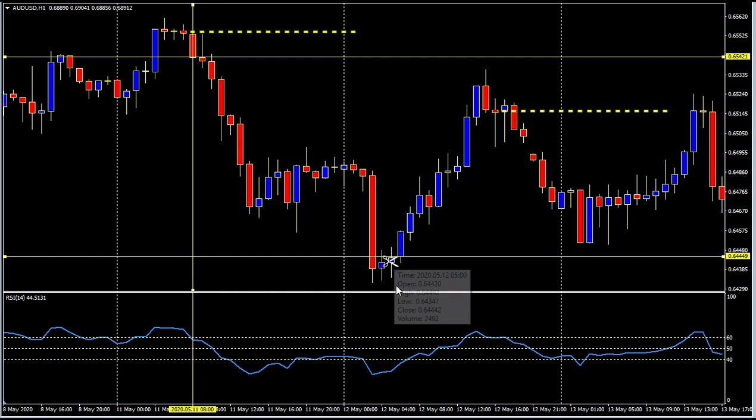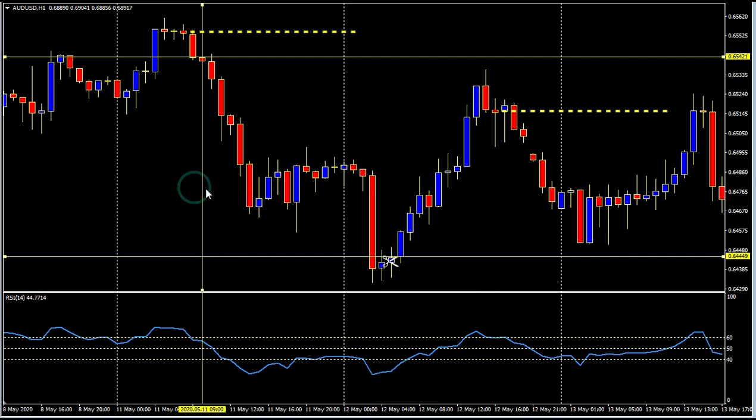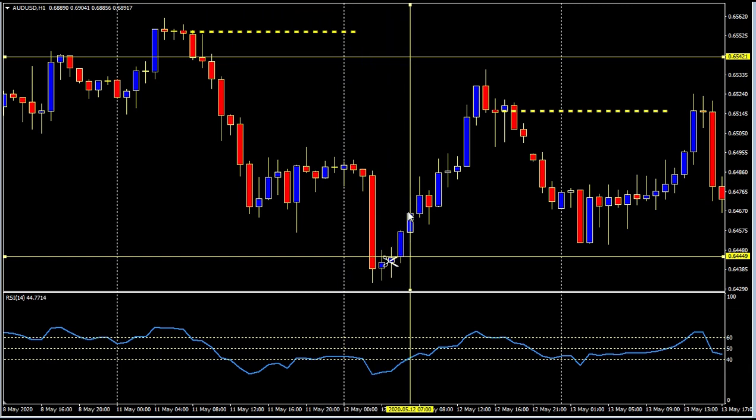The next signal we get is here. Next RSI crossover is here. Okay. And you can see the pair of scissors, which acts like a support level.